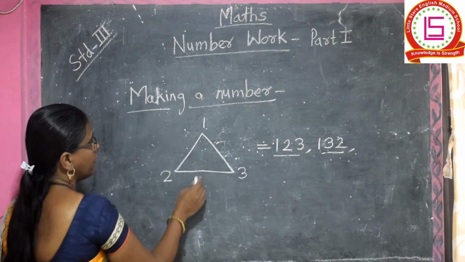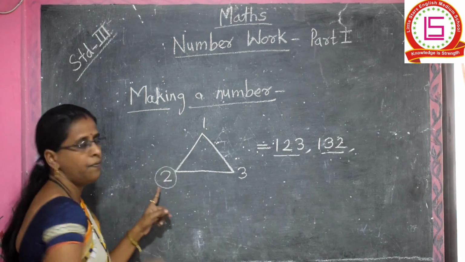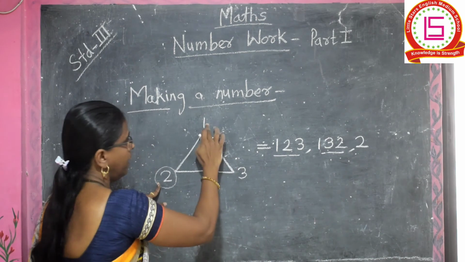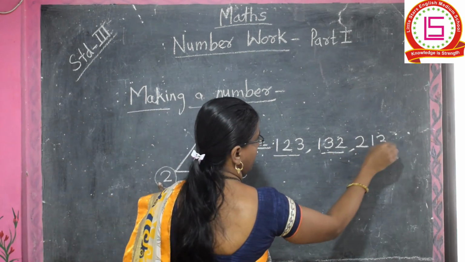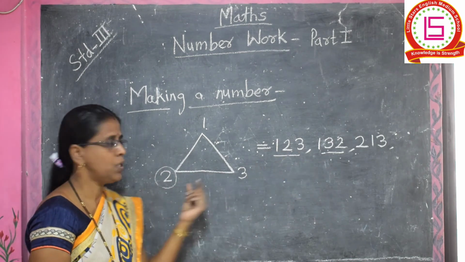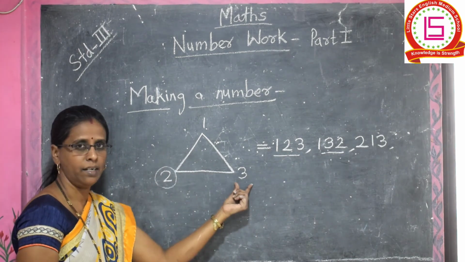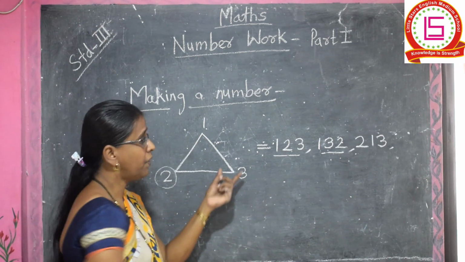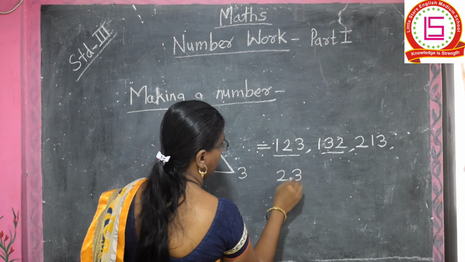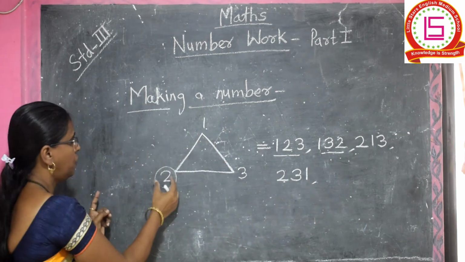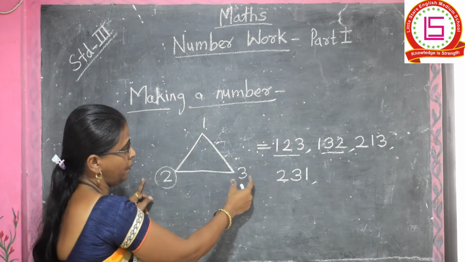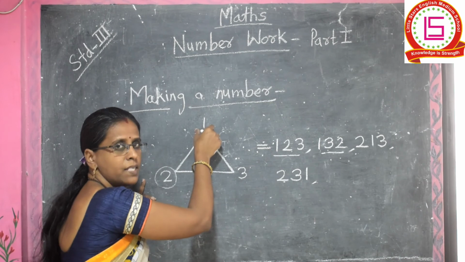Then see here, 2 is taken as the first digit at the hundreds place, then 2 first, then 1 and 3: 213. Next number is 231. Take 2 first, then in the tens place 3, and at the unit place 1.